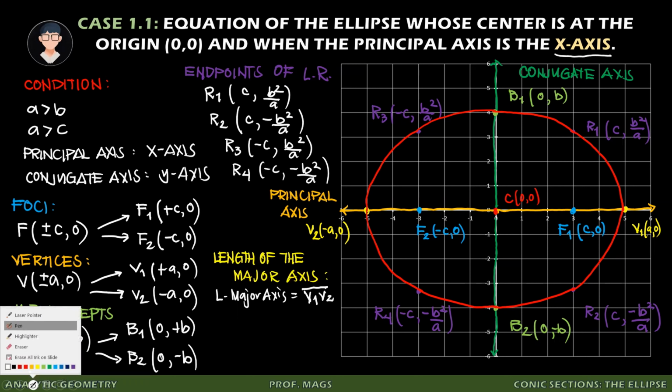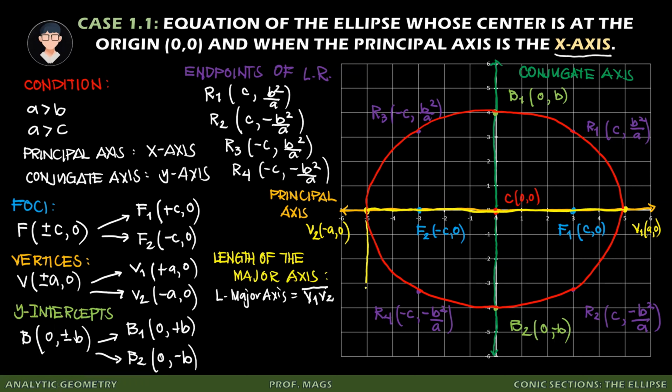So ibig sabihin, itong line na ito from B sub 1 to B sub 2, yung line na nasa loob ng ellipse, that is what you call the major axis. And that is the line segment B sub 1 and B sub 2.